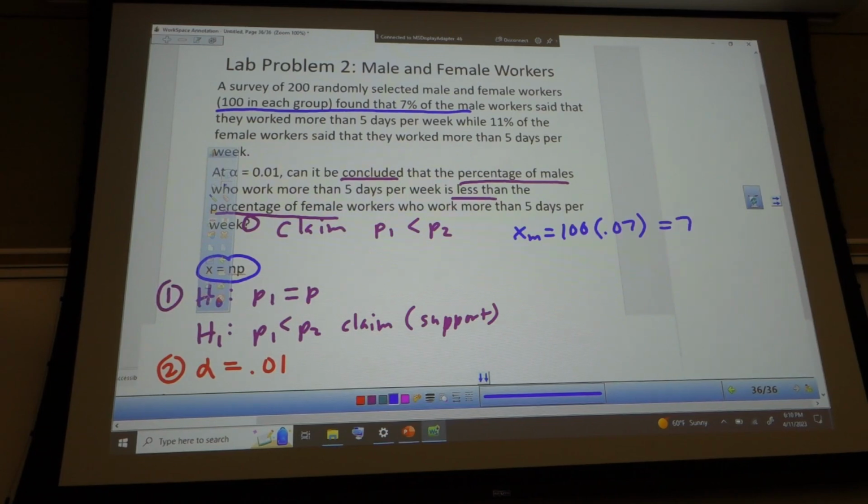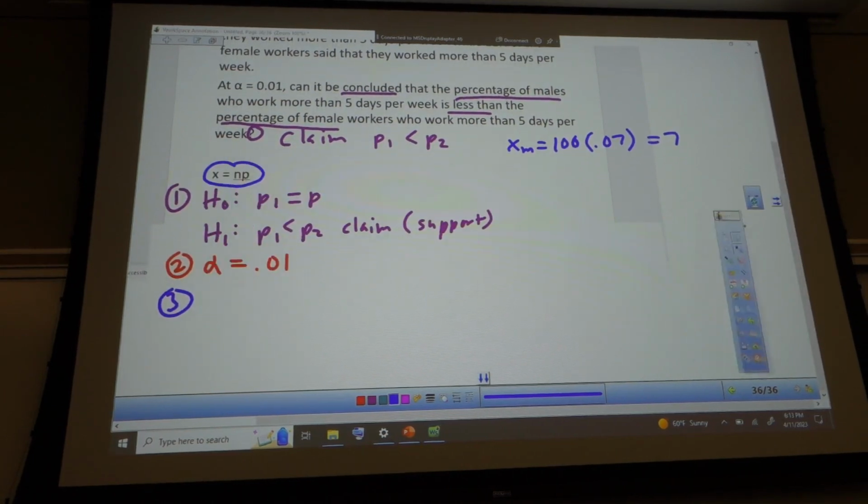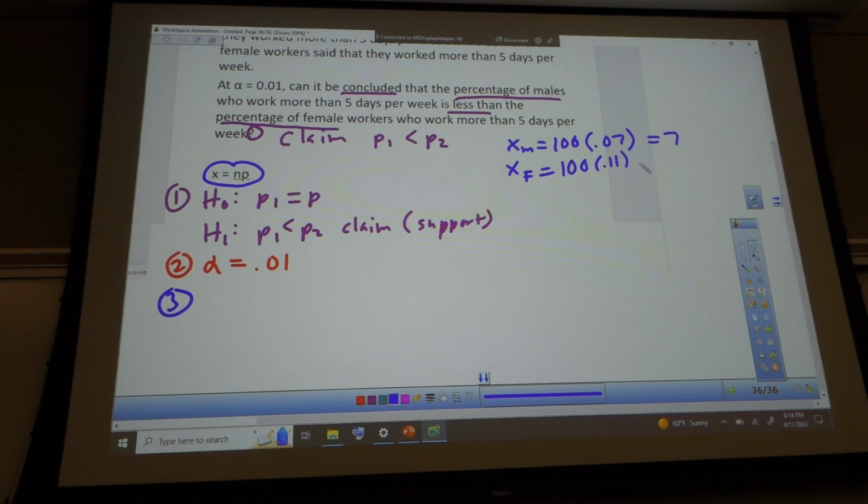So then you need to do the same thing for the females, and then plug it all into your calculator to find your z-score and your p-value, and then finish off steps 4 and 5. So our x for the females is 100 times 11%, so we get 11.